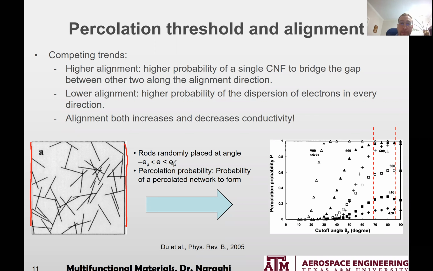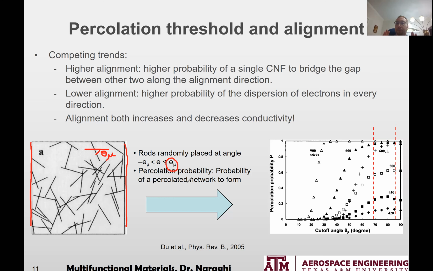They chose a parameter theta mu, which is the maximum angle between the fibers, or rods, and a straight line. They did this experiment for many different cases.